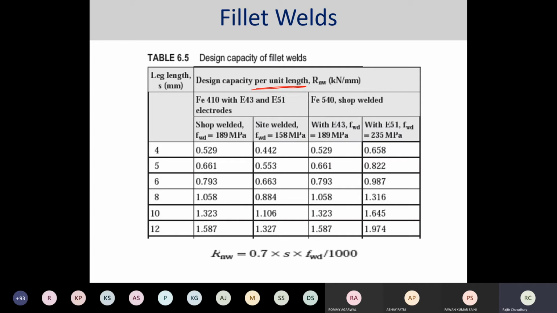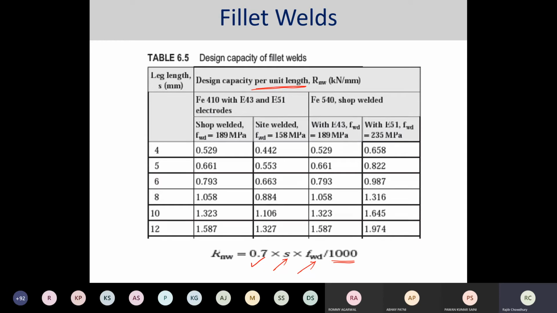So what is the formula? 0.7 times the size of the weld times the weld design strength divided by 1000. It gives you the design capacity of the fillet weld per unit length.